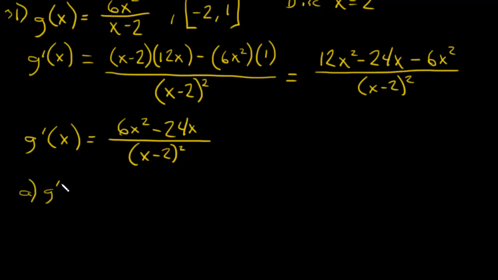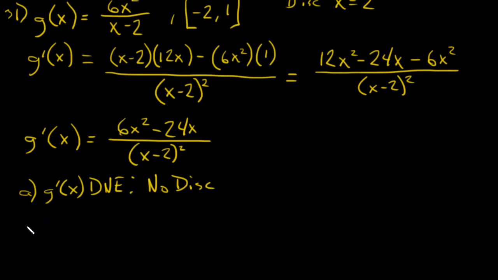So are there any places where g prime of x does not exist in this domain? So answer, nope. The only discontinuity is at x equals 2, and so we don't have to worry about that. So there are no discontinuities. Okay?